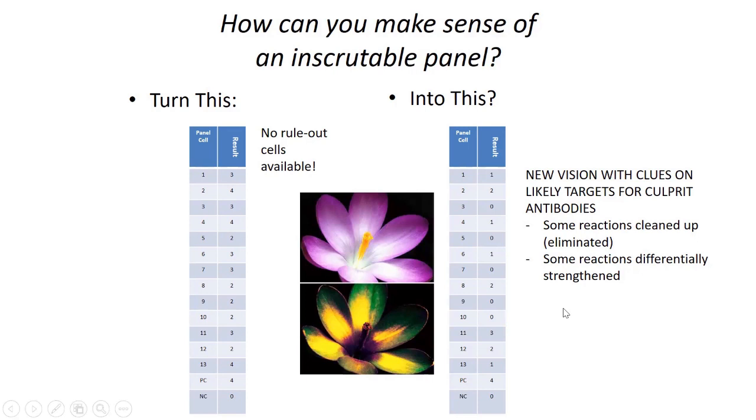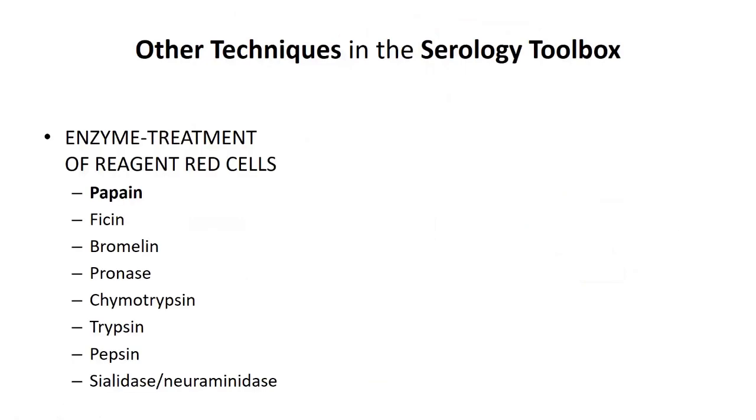So what are these transforming reagents that give you rule out clarity and physical chemical clues as to the nature of the systems involved in the antibody repertoire? Well, enzyme treatment classically. Papain is what we use.